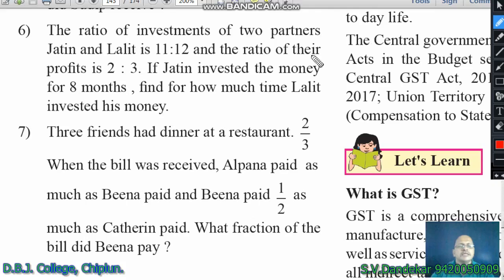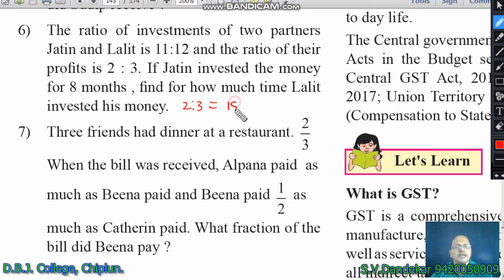Suppose that Lalit invested his money for X months. Ratio of profits is 2 is to 3. This profit is distributed according to the ratio of the products of investment and periods.